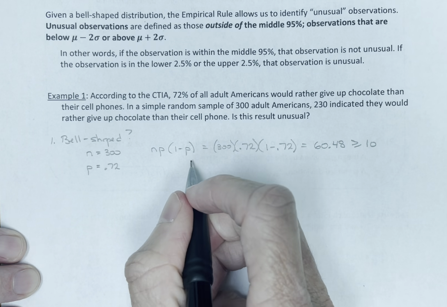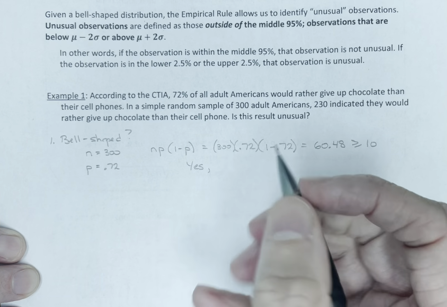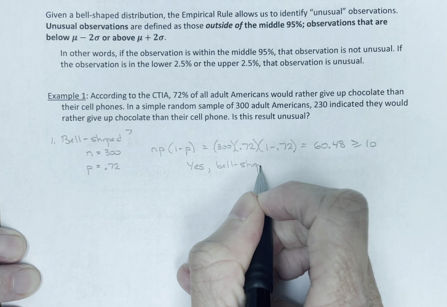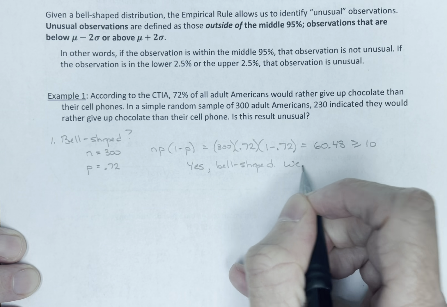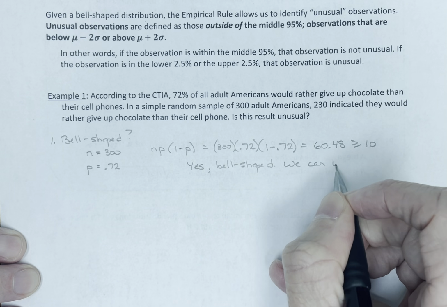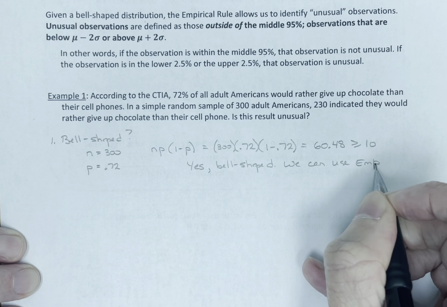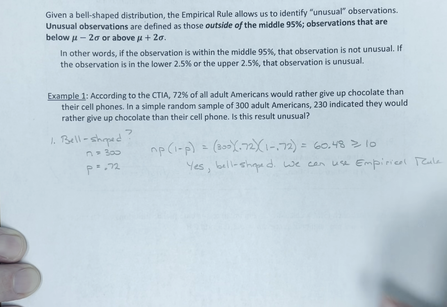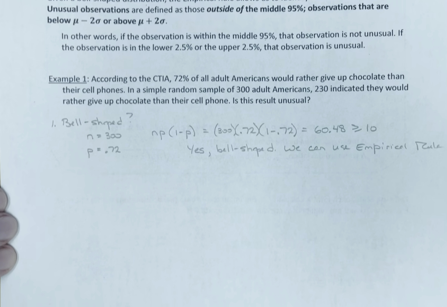So yes, it is approximately bell-shaped. We can use the empirical rule to check whether it is usual or not. Is it inside that middle 95% or not?